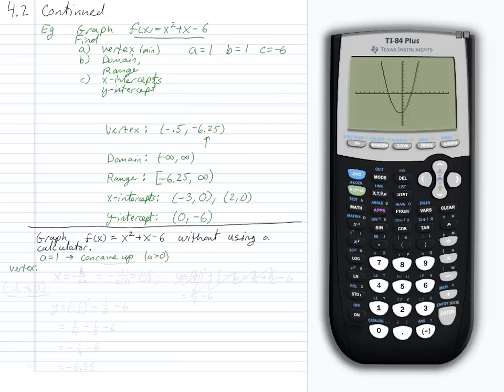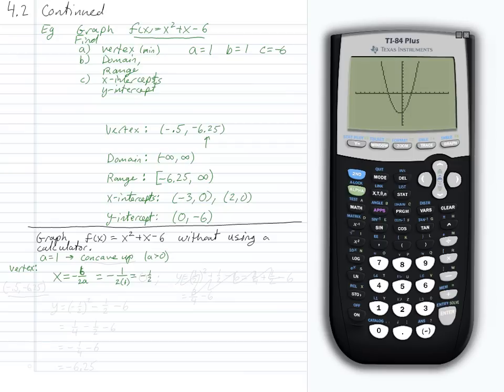So using the ideas from the previous pages, the vertex can be found. First we'll find the x-coordinate, as the opposite of b over 2a. Okay, here b equals 1, and a also equals 1. So our x-coordinate is negative 1/2.